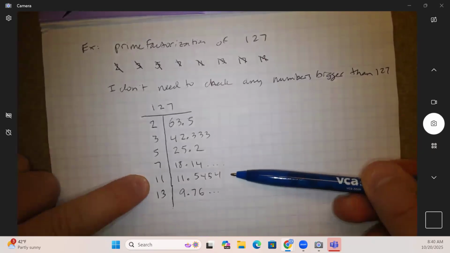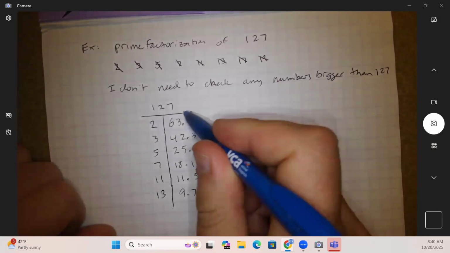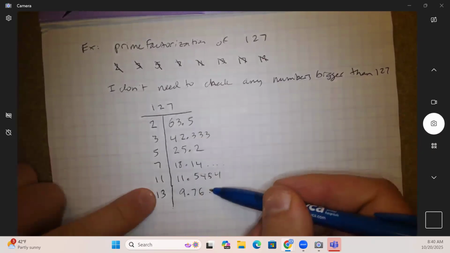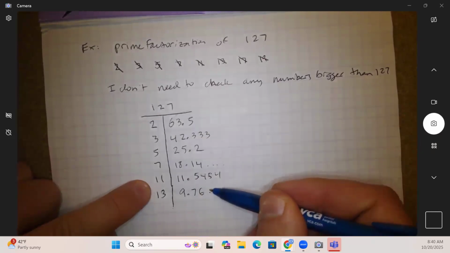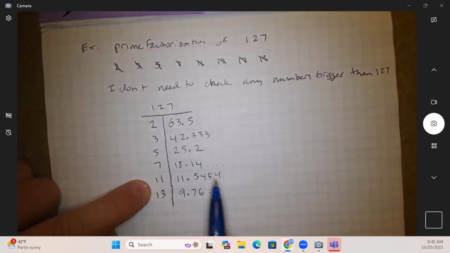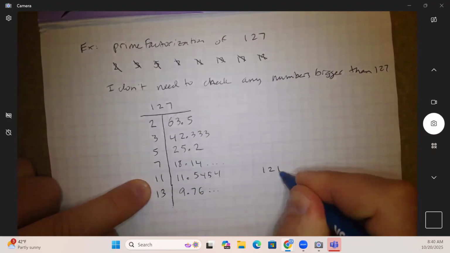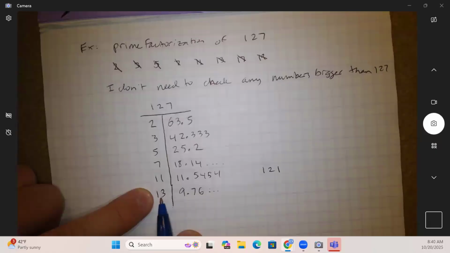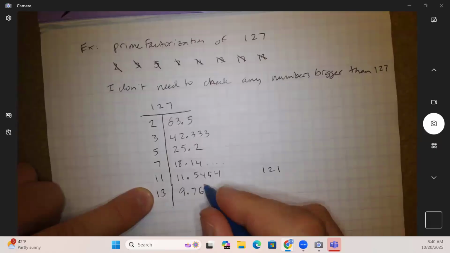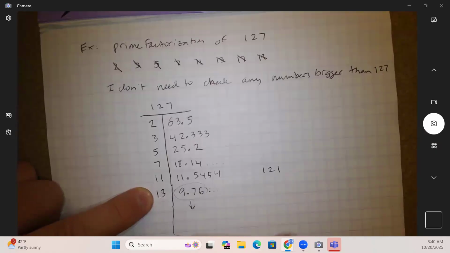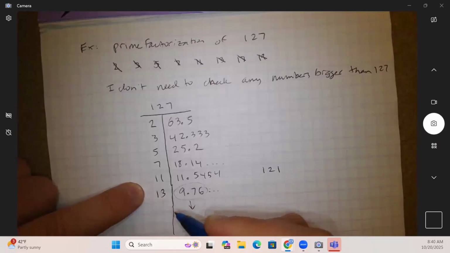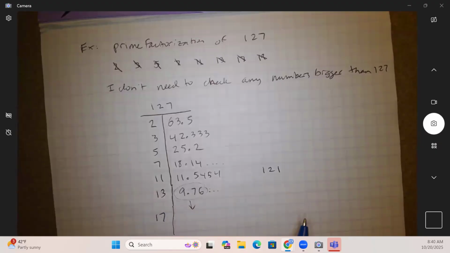Here's the key. As soon as I get to 11, these numbers here on the right side start getting smaller again. Right? 11 times 11 is 121. These numbers are going to get smaller and smaller and smaller. If I do 17, it's 7.47.